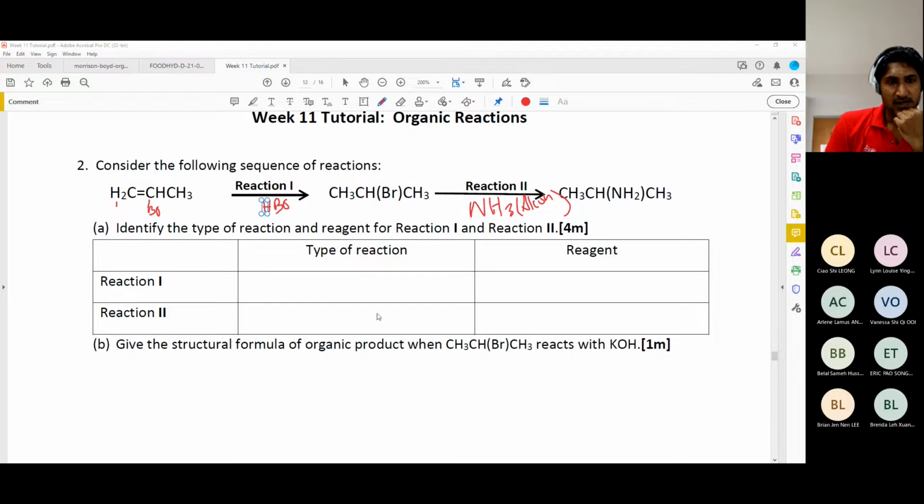So the first reaction is an addition reaction, where hydrogen bromide is added. The second reaction is a substitution reaction, and the reagent is ammonia. I have written already: this is an addition reaction, and this is a substitution reaction.